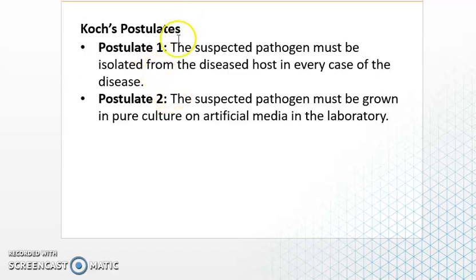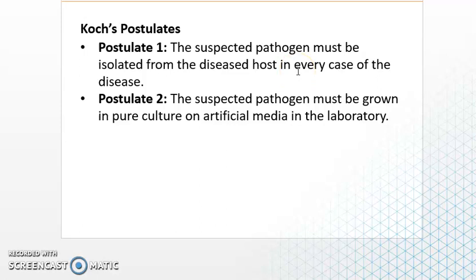So the first one is the suspected pathogen. The pathogen that I have a doubt about, whether it caused the disease or not, must be isolated from each single case, each single host. So the suspected pathogen must be isolated from the diseased host in every case of the disease. In every case of corona, I have to find COVID-19.